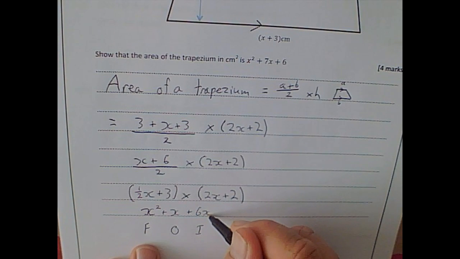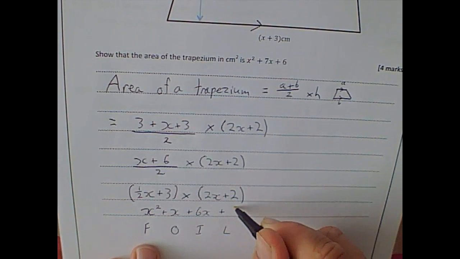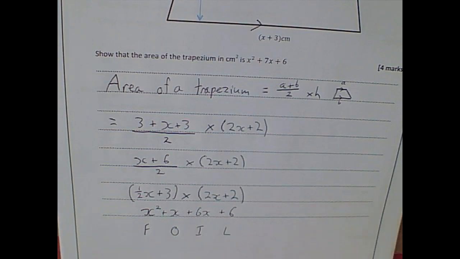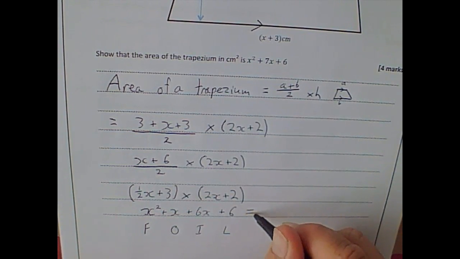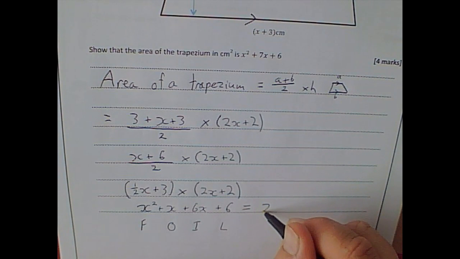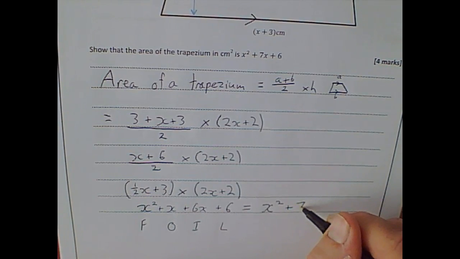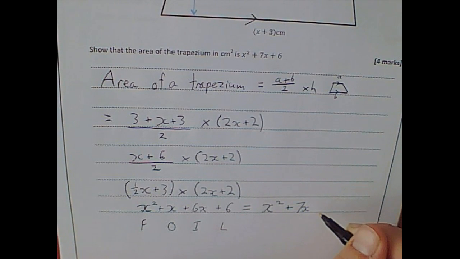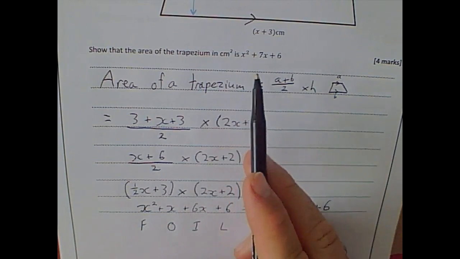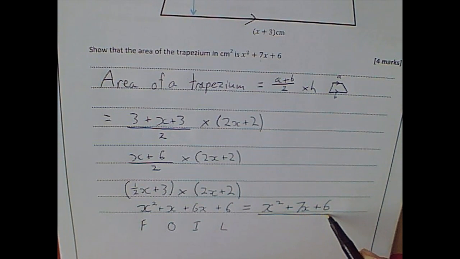And my last is 2 times by 3, which is 6. So I'm now going to just collect those like terms. That gives me x squared plus 6x plus 1x is 7 lots of x plus 6. And I've shown that my area is that.